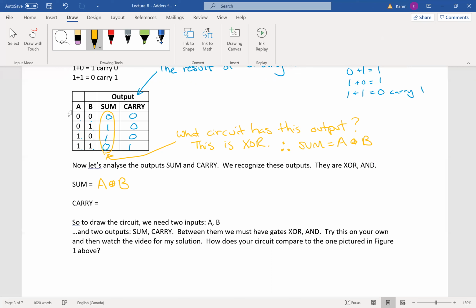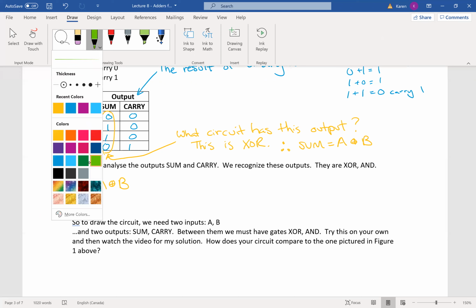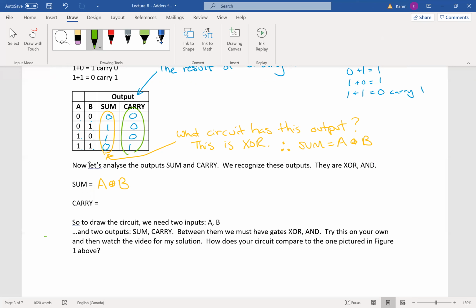And now let's look at carry. Carry is low unless all inputs are high. Well, what kind of a gate is this? This is clearly an AND gate. One and the other must be high in order to get the output high. So this is just A, B, an AND gate.